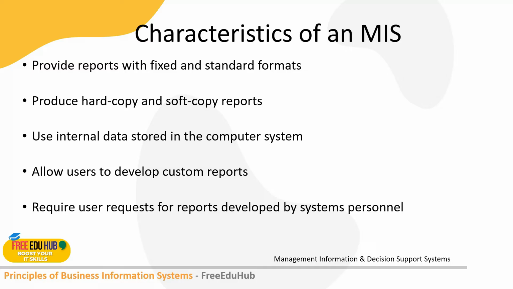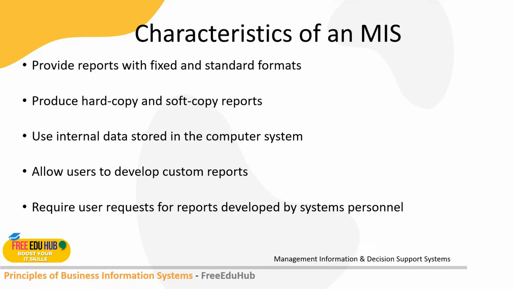It uses internal data stored in the computer systems or allows the user to develop a custom report. So the flexibility should be there where they must be able to add or remove certain fields in the report according to the specification. It requires the user to request a report from the developed system and personnel.